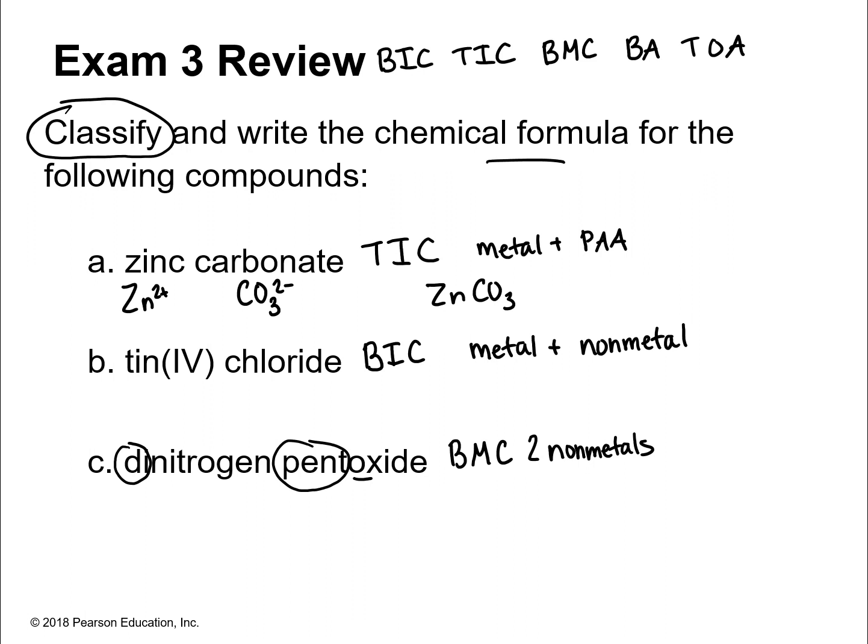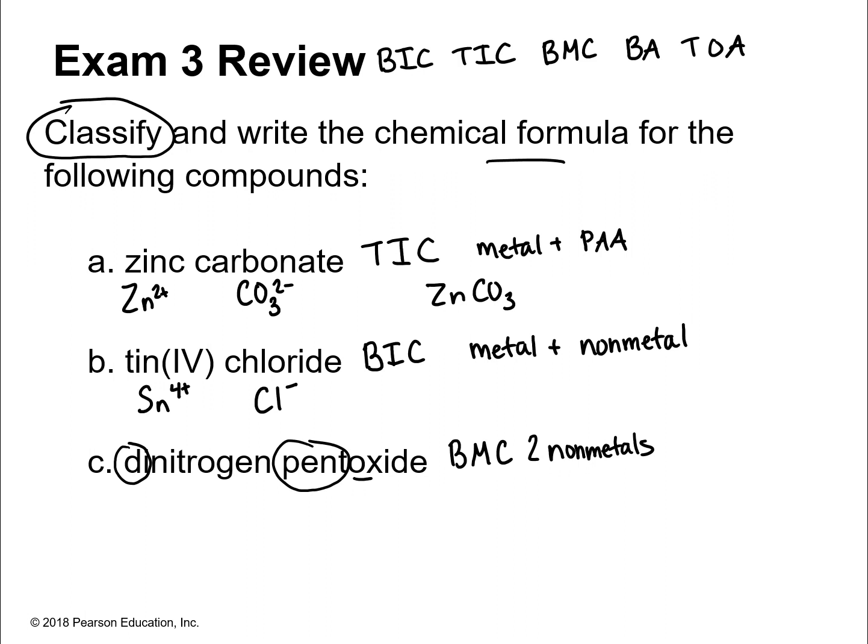Tin(IV) chloride. Tin(IV) tells me that it is 4+. Chloride tells me I'm looking at chlorine. You take the group number, subtract 8, and that gives you -1 because chlorine is in group 7A.